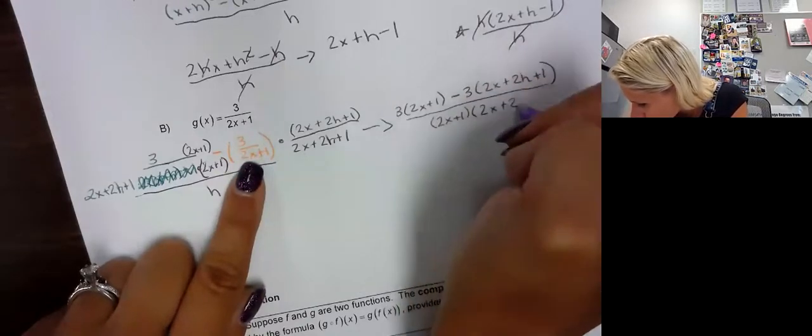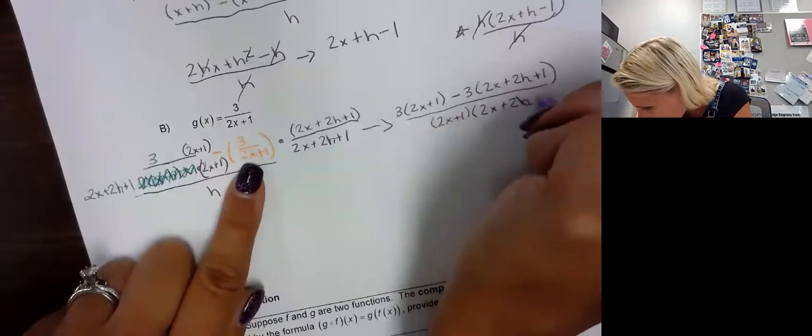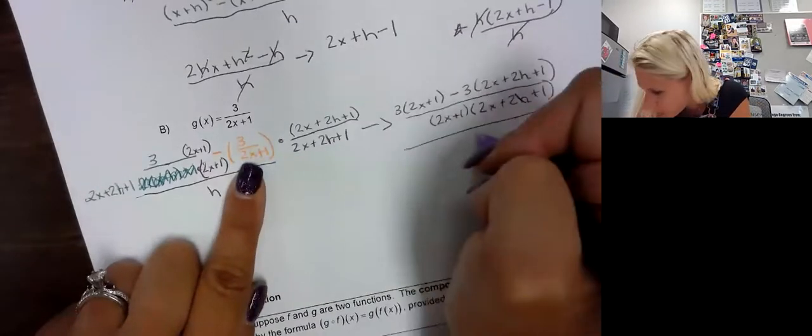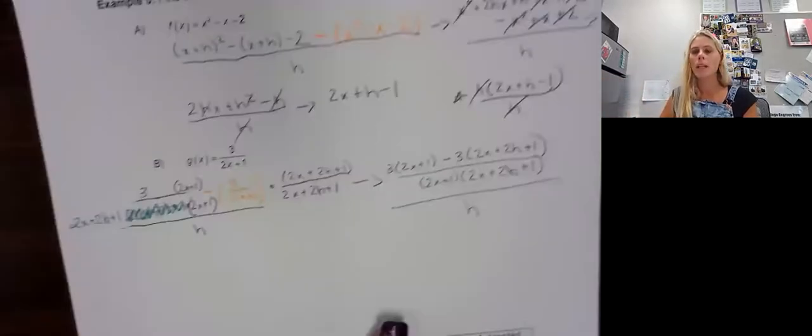That will all be over that common denominator. So I'm just going to put that together. 2x plus 1 times 2x plus 2h plus 1, all over h. Now be careful.